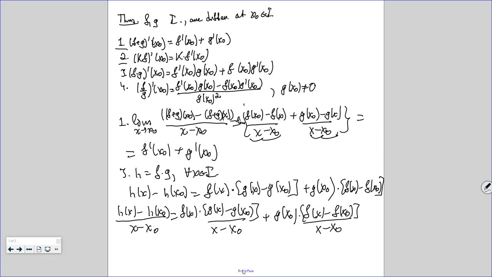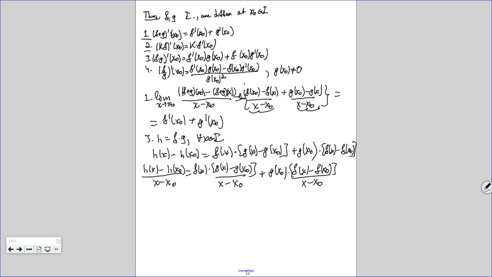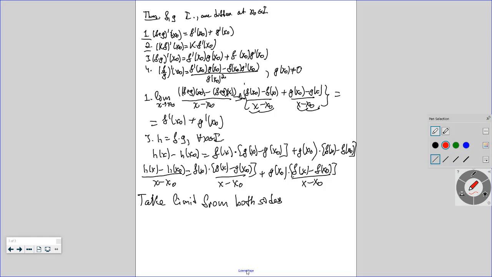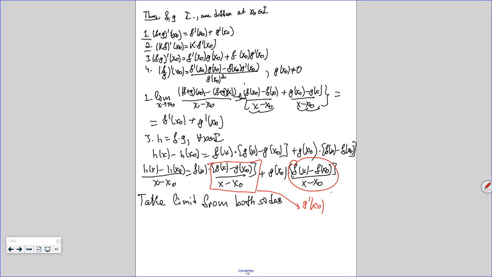Now if we take the limit of both sides, the thing you notice is that this part is just the derivative g prime x0 from the definition, and this part is the derivative f prime at point x0.